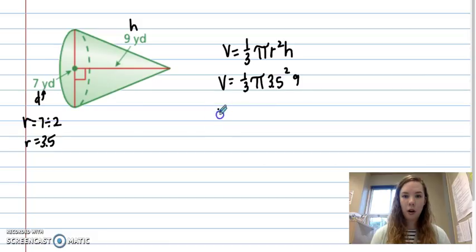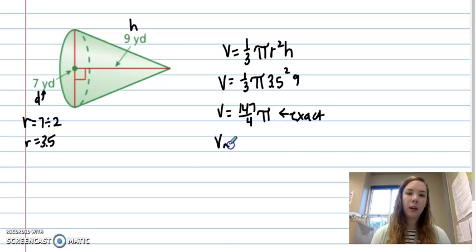Your exact form is 147 over 4 pi. And then our rounded form, if we hit our toggle button, is 115.5 cubic yards.